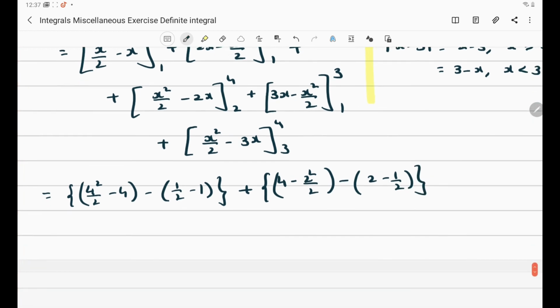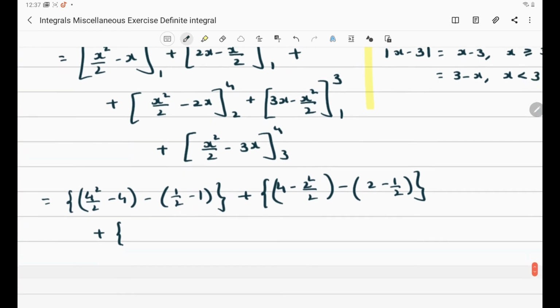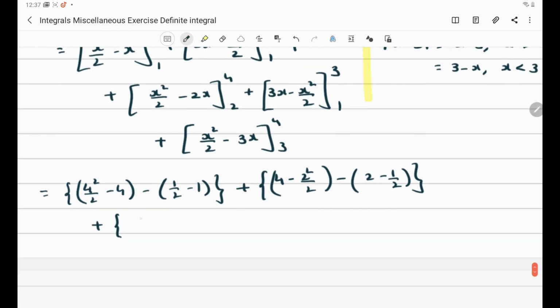Then plus substituting 4, we get 4 square by 2 minus 8, minus substituting 2, we get 2 square by 2 minus 4.